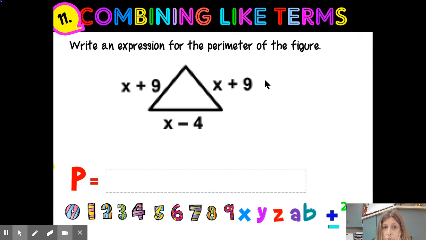What we want to do is write an expression for the perimeter. Perimeter is adding all of our sides. So we take all of these expressions and add them together. It would be x plus 9 plus x plus 9 plus x minus 4, which would look something like this.